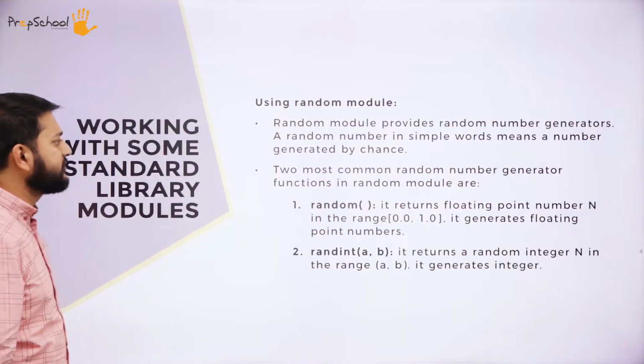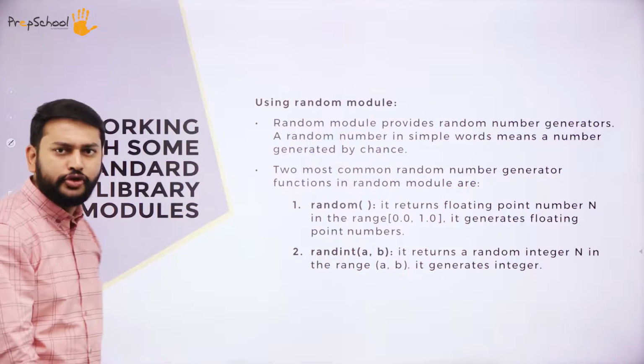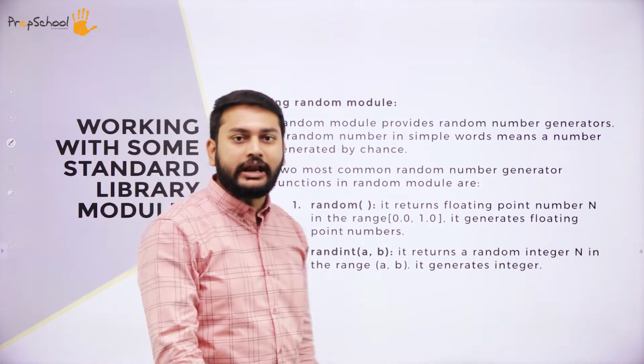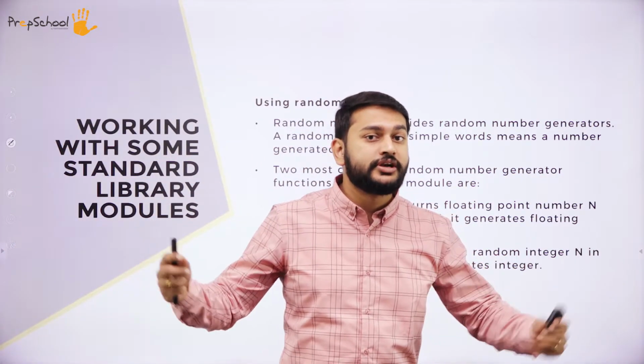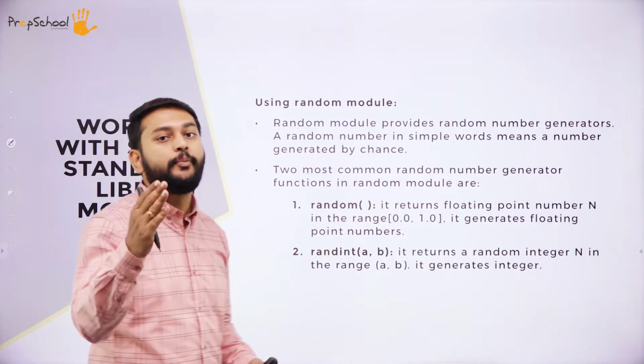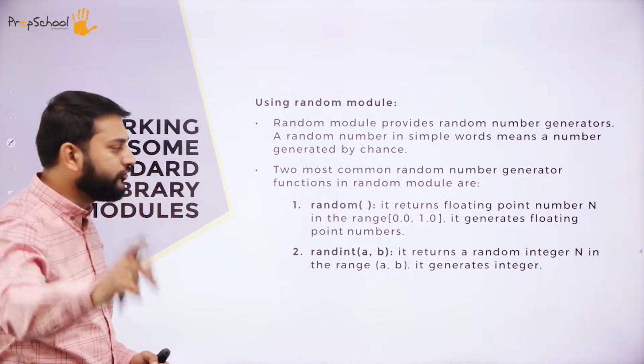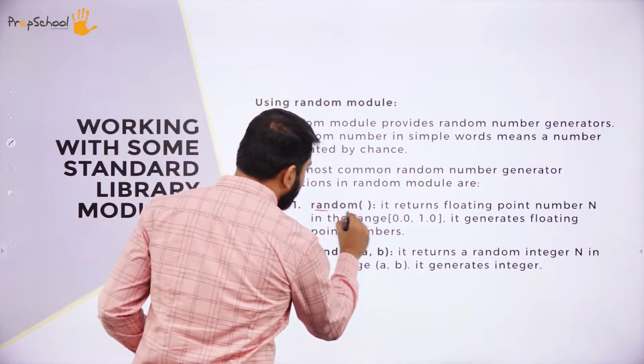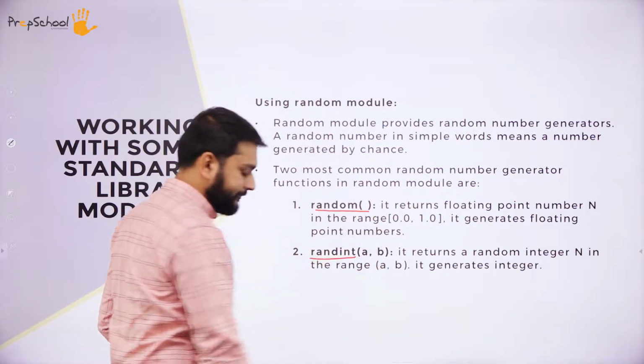Moving on to the next concept, the random module. You have a module called random. I want to generate random numbers with the help of the predefined functions. I have 2 functions: one is random and the other is randint.